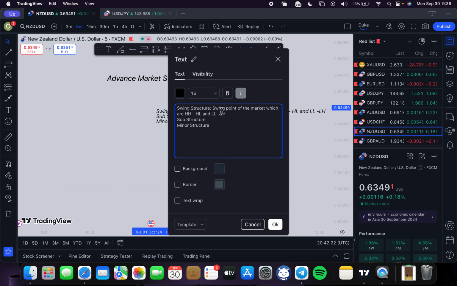These are our swing points in the market. You see now the reason why I told you guys to practice and practice and practice your higher highs to higher lows, right? You can see the reason now.